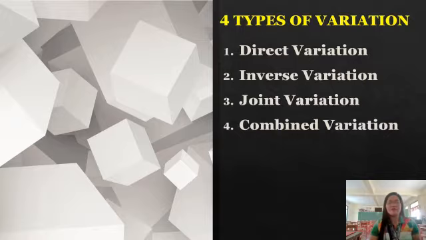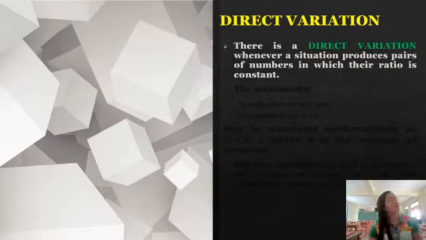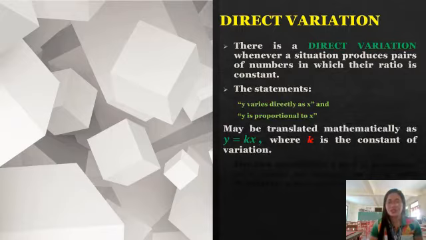So again, as what I've said earlier, there are four types of variation: direct, inverse, joint, and combined. Now, direct variation. There is a direct variation whenever a situation produces pairs of numbers in which the ratio is constant. The statements y varies directly as x, this one is what you had noticed, we used two variables.